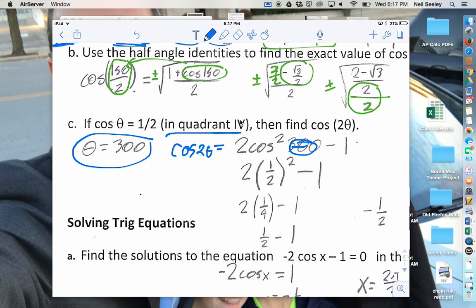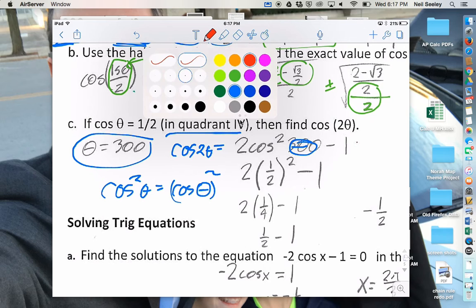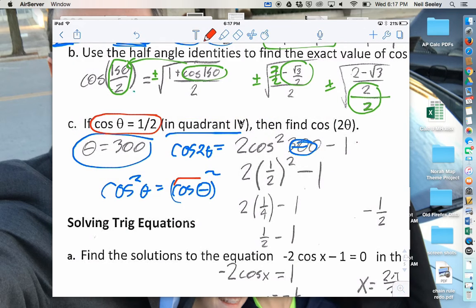You have to be careful. Cosine squared of theta is the same thing as the cosine of theta quantity squared, the whole thing being squared. So if I know that cosine is equal to 1/2, then I can replace that whole cosine of theta with 1/2. 2 cosine squared theta minus 1 means I can call it 2 times 1/2 squared minus 1.